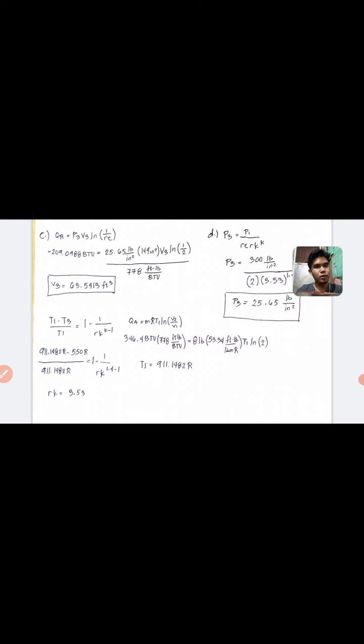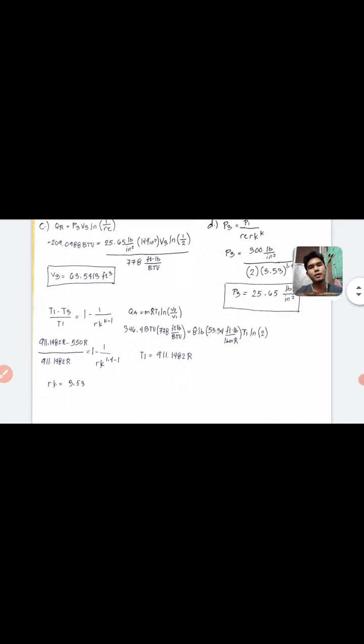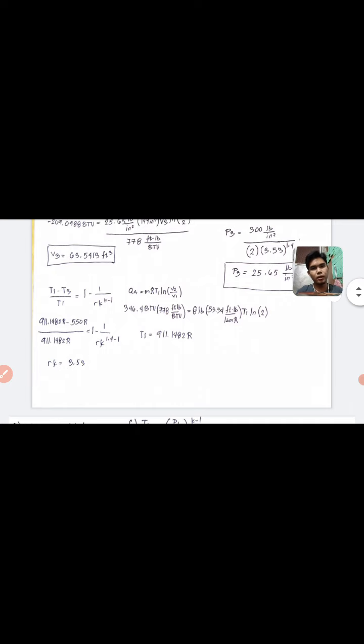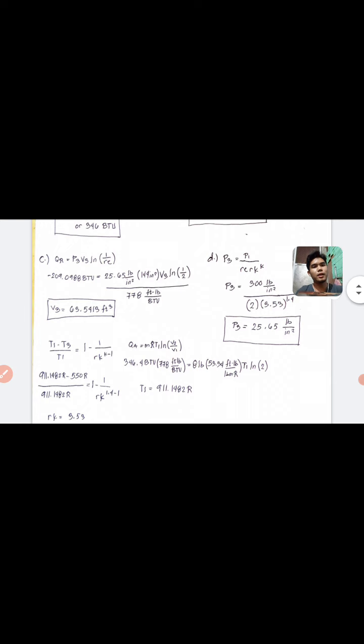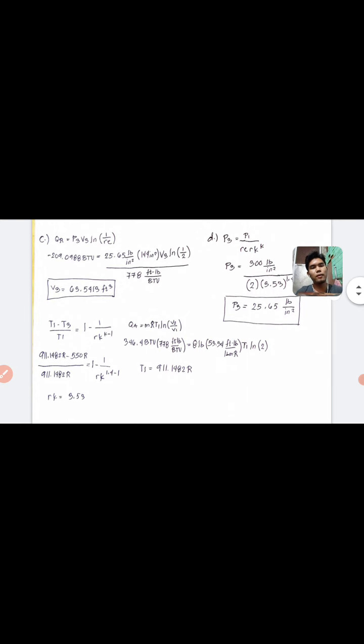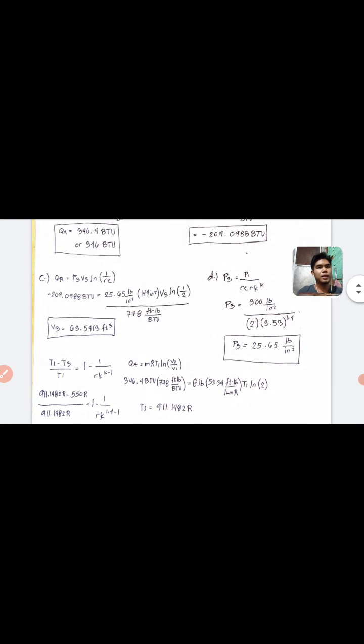Substituting the values, T1 is now 911.1482 Rankine. Solving for RK, substituting the values of T1, T3, and K, which is 1.4 for air, and calculating, RK is equal to 3.53. So now that we have the value of RK, we can solve for P3.